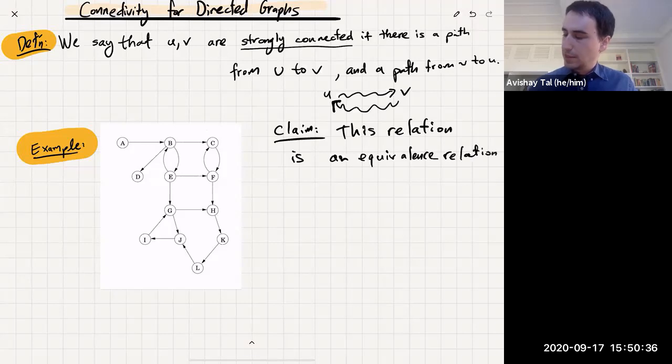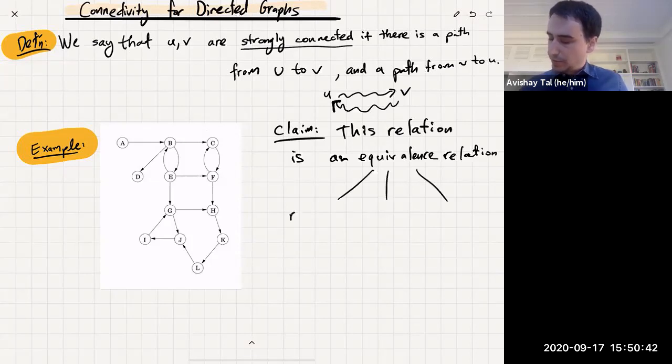So what does it mean? An equivalence relation satisfies three properties. It should be reflexive, meaning that for every vertex, it is related to itself.